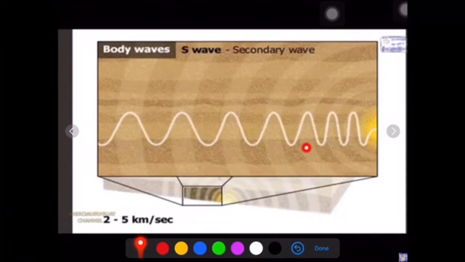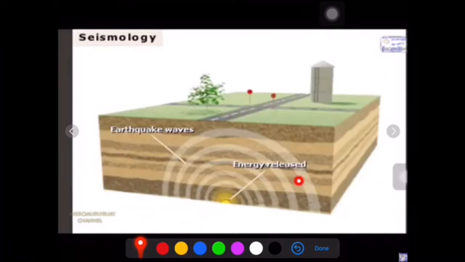S waves actually move the whole ground up and down. That's why they go much slower, because interaction between the atoms is much quicker than interaction between the land, the whole mass. That's why transverse waves are much slower than longitudinal waves.